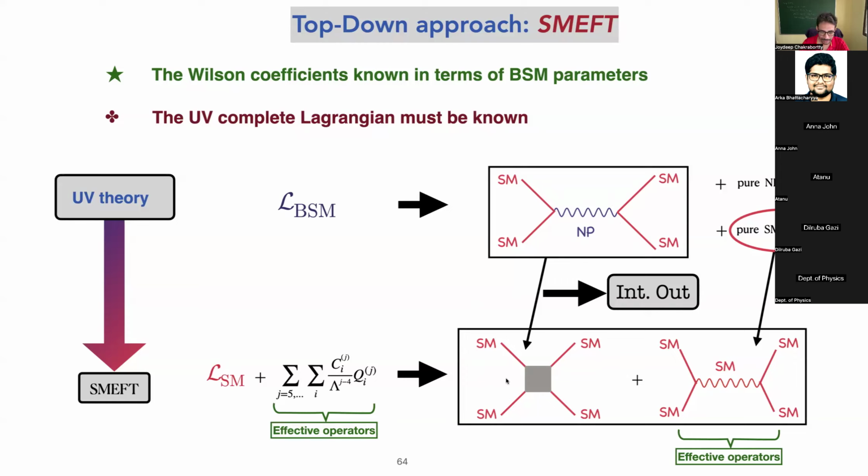Similarly, we get the same kind of structures of the effective operators accompanied by the Wilson coefficients and the cutoff scale. But these Wilson coefficients are basically functions of these couplings, and this cutoff scale is basically related to the mass involved in these new physics fields. So it's basically a similar description, but the interplay of the quantities is slightly different. The interpretations are slightly different.